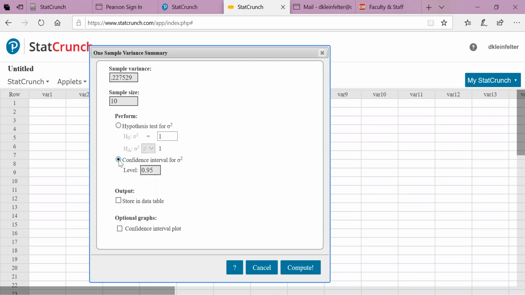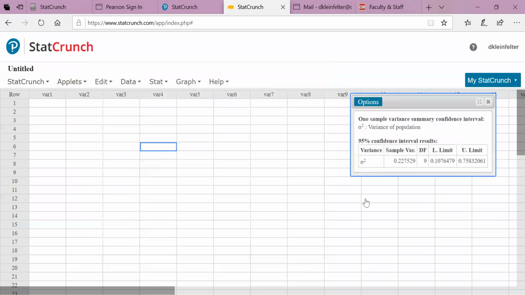We're doing a confidence interval, and it was a 95% confidence interval. Notice this will be a confidence interval for the variance. Okay, so that's what we get for our variance. We'll need to find the square root for both of those so that we can compare them against the one that we have already obtained.